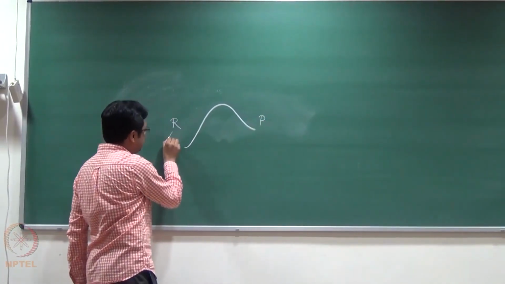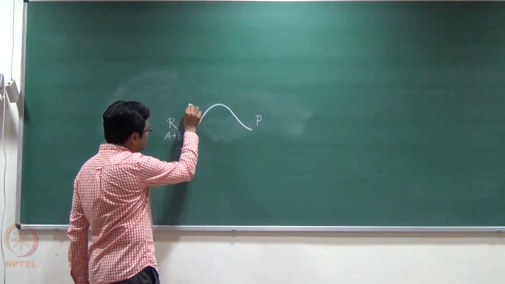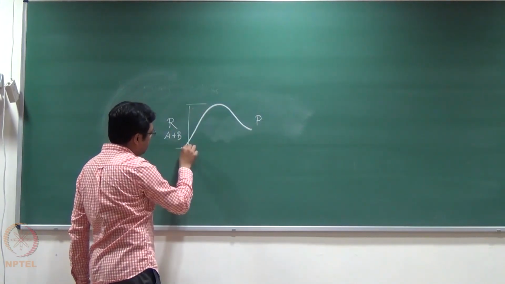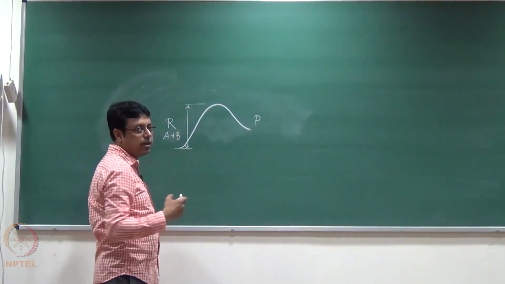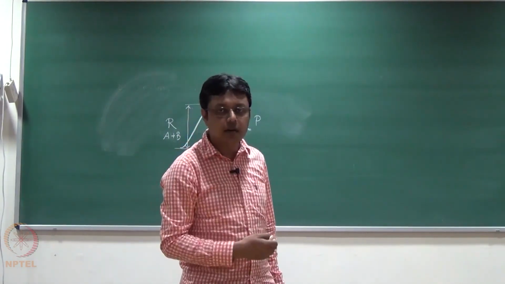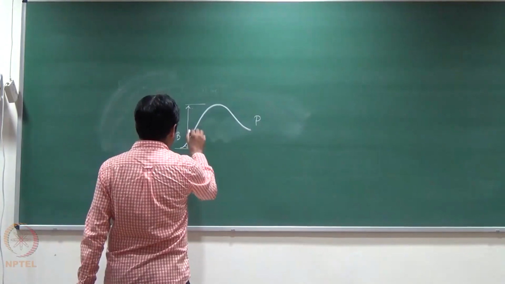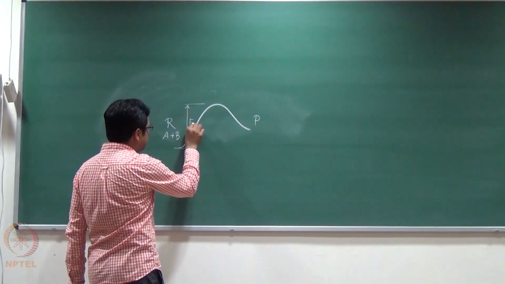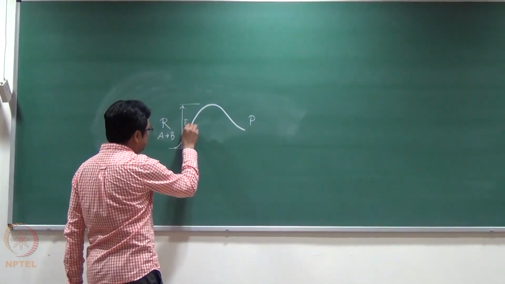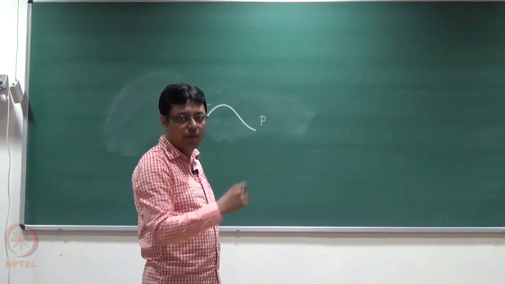If the energy along the line of centers of the two species exceeds a certain amount, let me call it E0, the threshold energy, then I get a product.